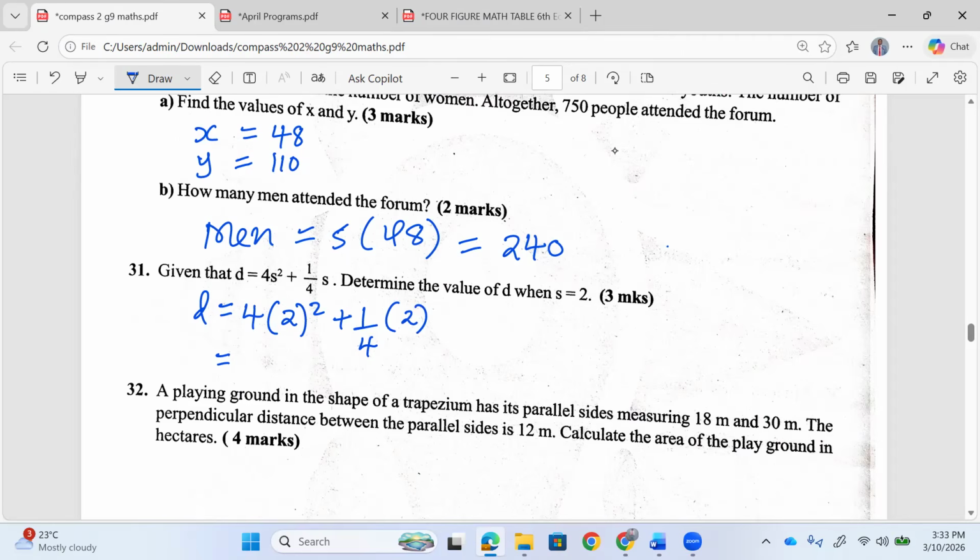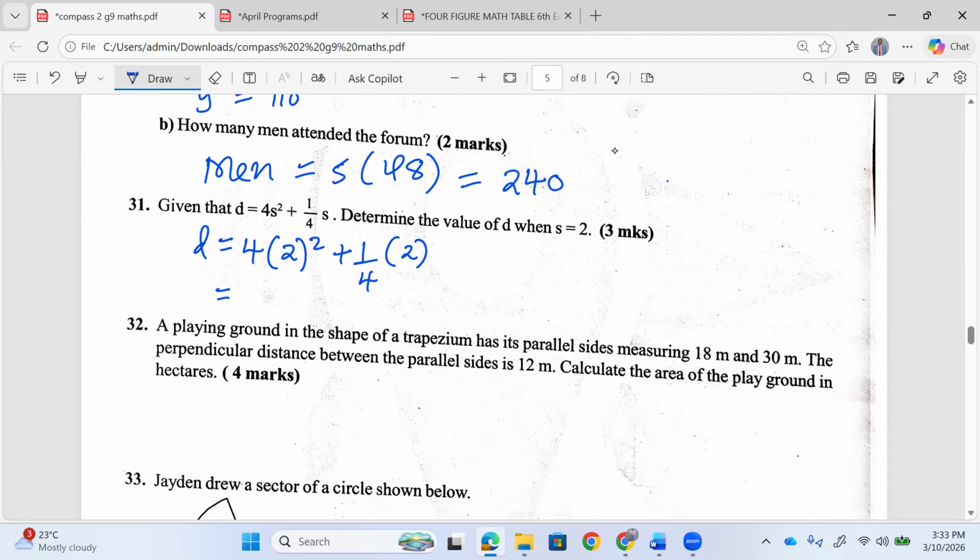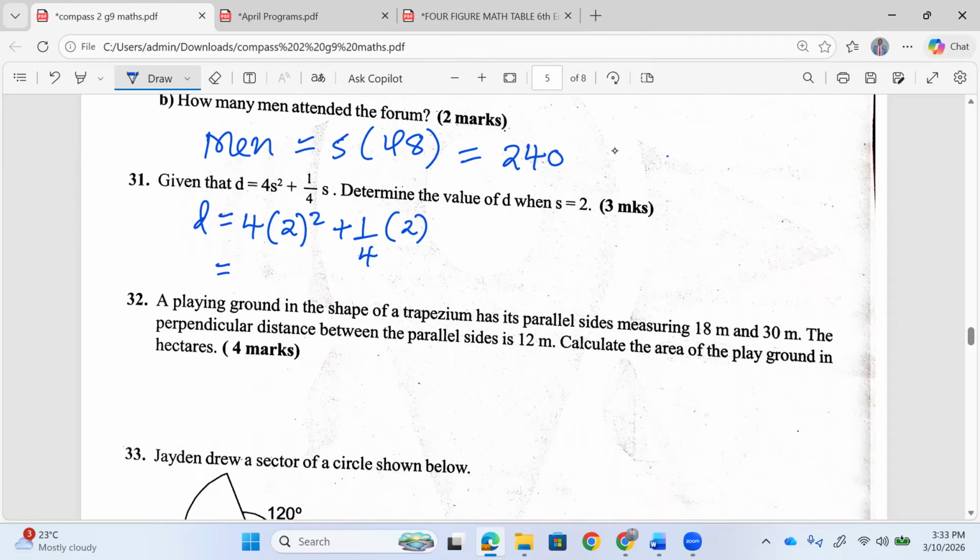So this shall be, 2 squared becomes 4. So 4 times 4, that is 16, plus a quarter by 2. The 2 cancels and we have half. So this now shall be 16 and a half. Or you can write it as 16.5. Yeah, 16.5 or 16 and a half.